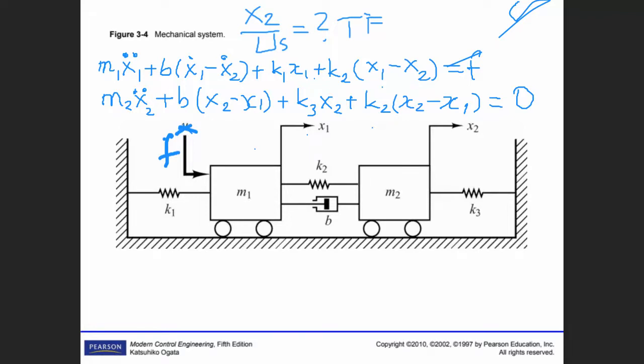Yes, we have solved this problem. And we obtain the motion of the second car here, M2. You can also obtain the first car's motion equation. We obtain the transfer function, how much motion is going to be obtained when solving those equations.